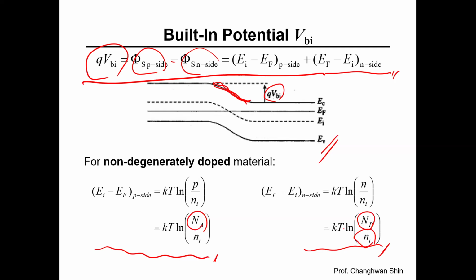The built-in voltage typically ranges from 0.7 to 0.8 volts for silicon PN junctions at room temperature, depending on the doping concentration. So you may calculate it. This built-in potential creates an energy barrier that carriers must overcome to cross the junction, which is fundamental to how diodes function.